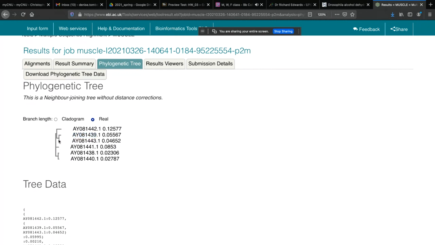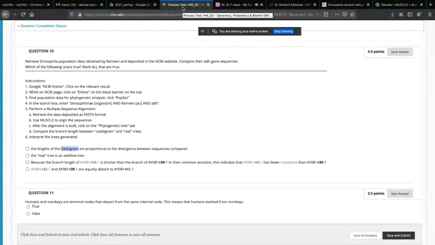You could also think about it as there was the ancestor, and mutations happen, and now we have this guy and this guy. And since this has a shorter branch, there are fewer mutations if you compared this to the ancestor than the number of mutations between that and that ancestor. So the longer branch means that it's more different from that. And I think with that, I addressed all of the questions.